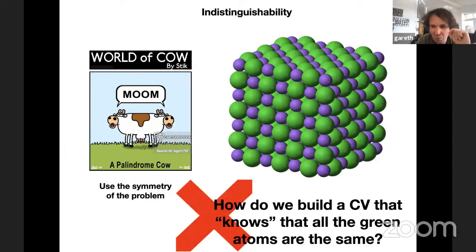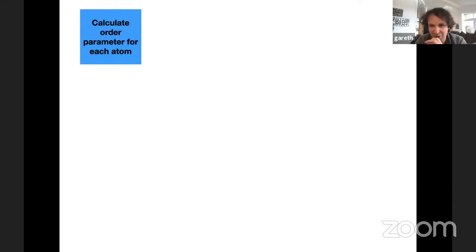So the way I would think about this problem is that you calculate an order parameter for each atom. So now we're getting to the third of those terms that we've seen. So each atom will have an order parameter, and that order parameter is going to tell you whether or not that atom is in the solid. So is that atom solid-like or liquid-like, okay? And it's going to quantify that for each of the atoms in your system.